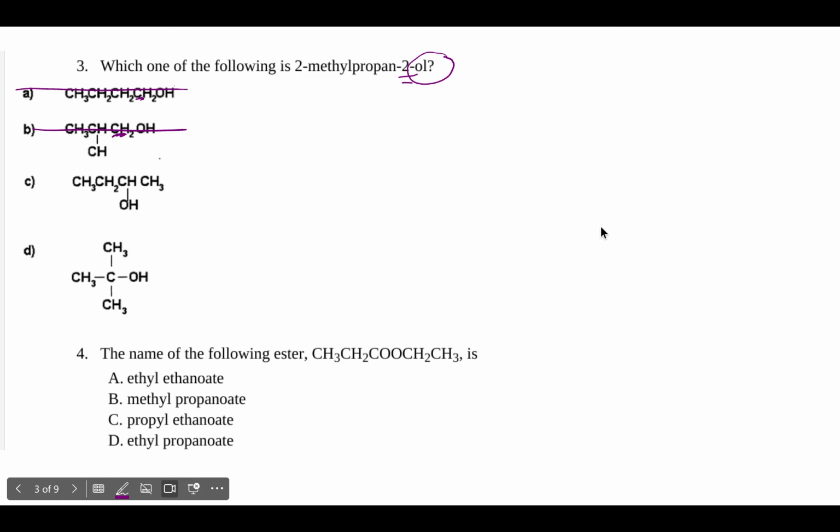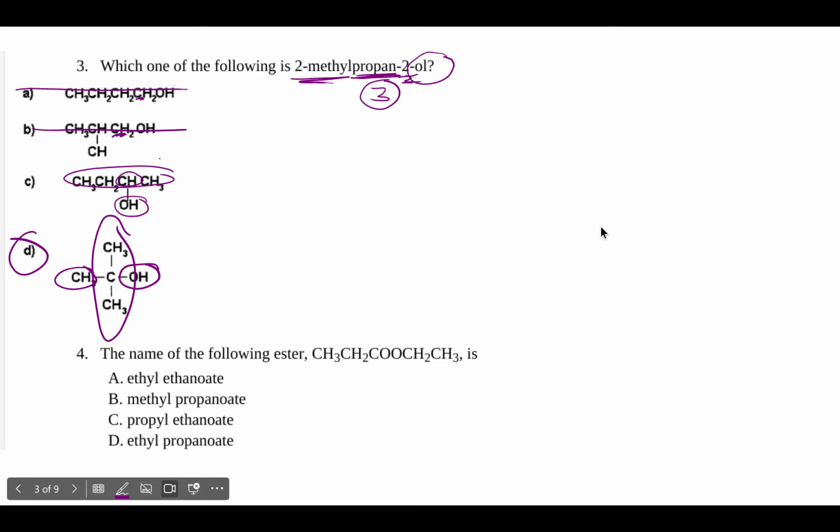Letter C almost looks like it could be the one because we do have an OH group on what could be carbon 2, but propane means 3 carbons in your longest chain, and this one is showing 4. So this last one, you have a propane. We have 3 carbons on our longest chain. You have an OH group on carbon 2 and a methyl group on carbon 2. So this has to be D.